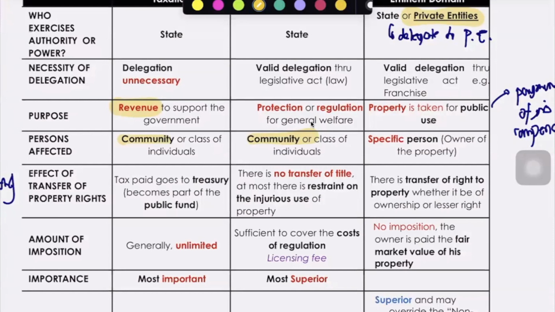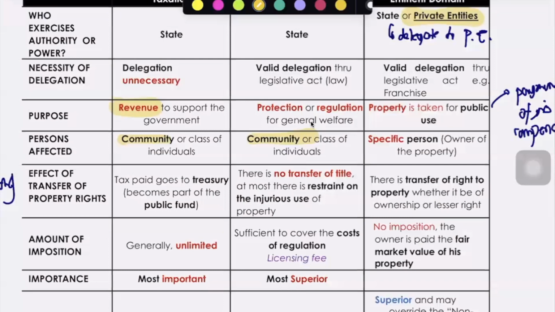Next, effect on transfer of property rights. Upon the use of your taxation power, the tax which is paid will be part of your public fund. Therefore, upon payment of the tax, it will go to our Bureau of Treasury. How about in your police power? There will be no transfer of title. It is only a restraint.